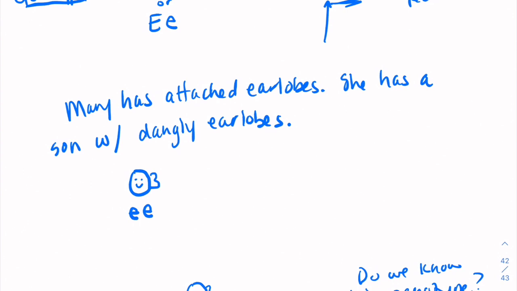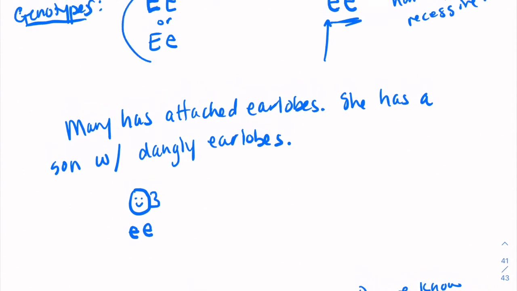Because look up here. These are the only two possibilities for having dangly earlobes, homozygous dominant or heterozygous, and there is no way my son could be homozygous dominant because I only have a recessive allele to give him.